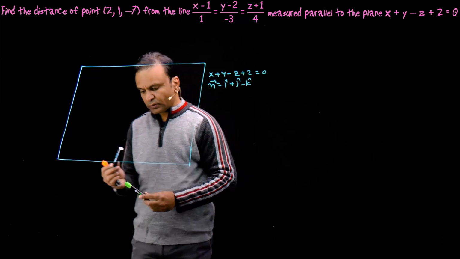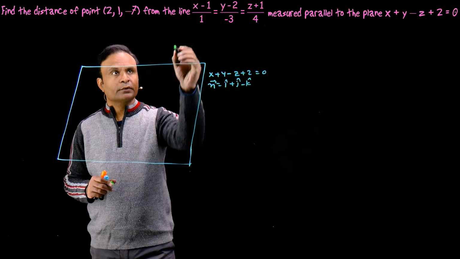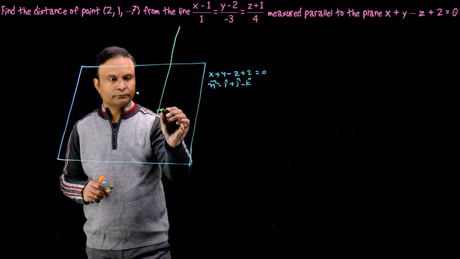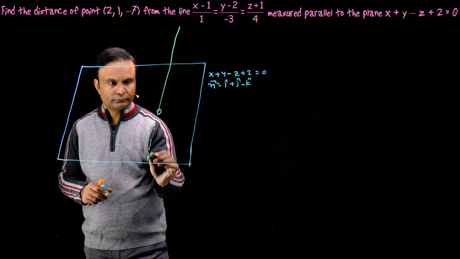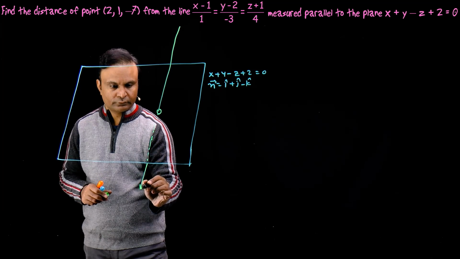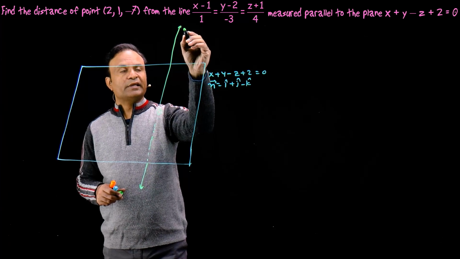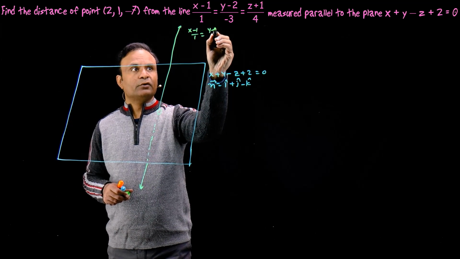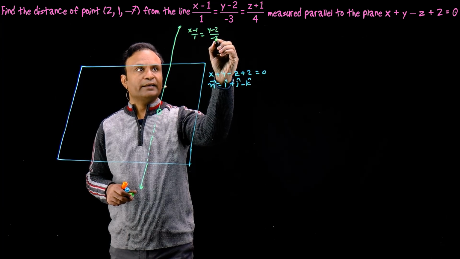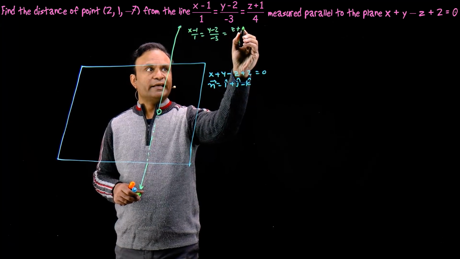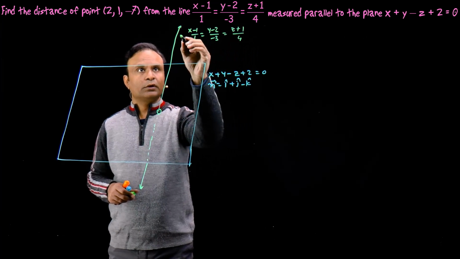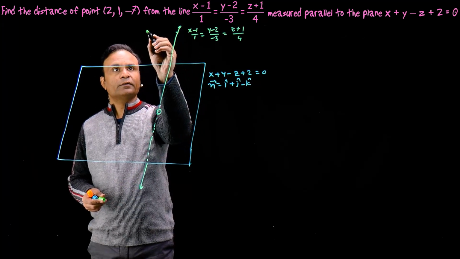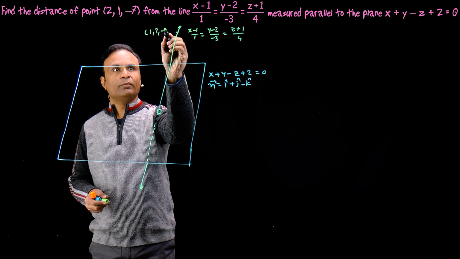Okay, now let's draw line. Here we have line. Equation of this line is x minus 1 upon 1 is equal to y minus 2 upon minus 3 is equal to z plus 1 upon 4. This line is passing through point 1 comma 2 comma minus 1.